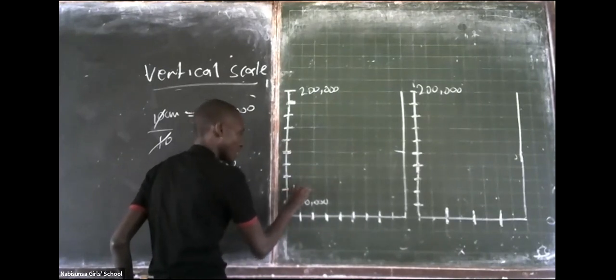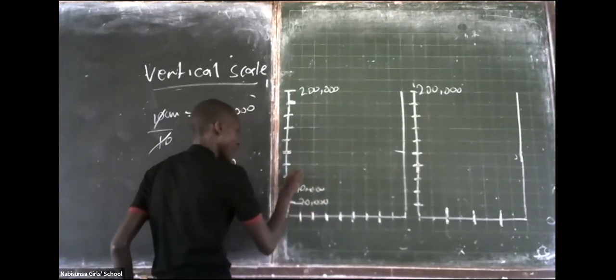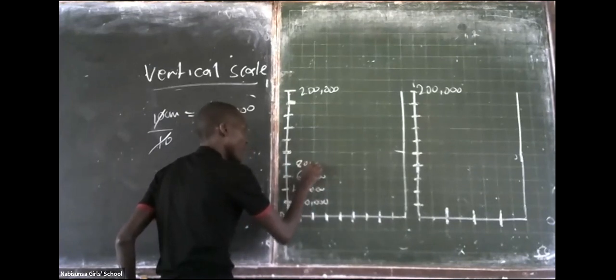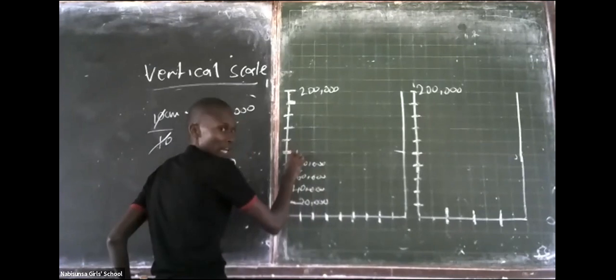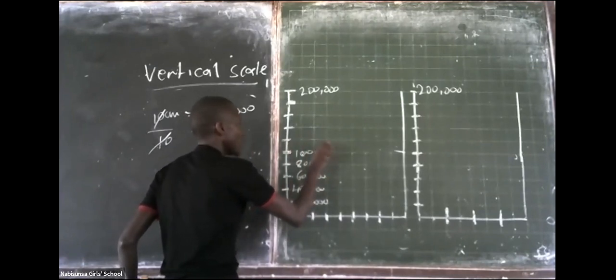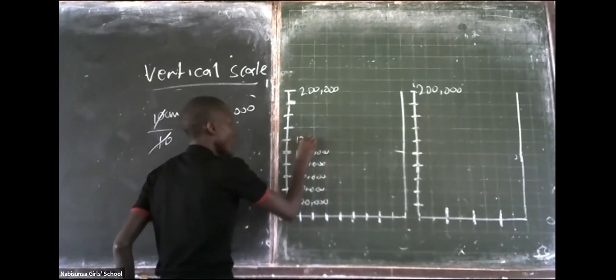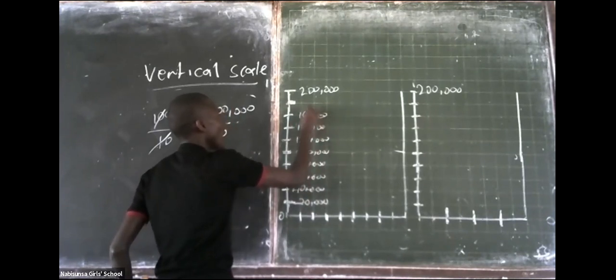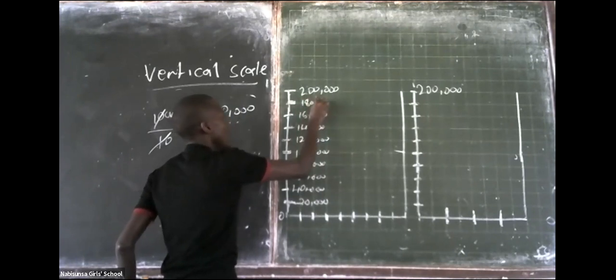40,000. You go on adding: 60,000, 80,000, then 100,000. Then we go 120, 140, 160, 180.